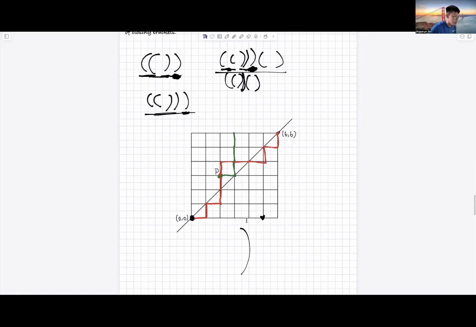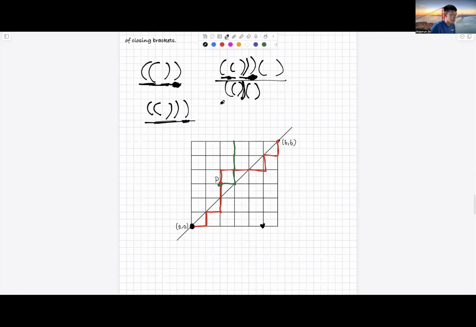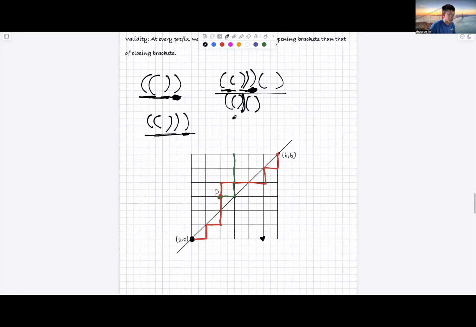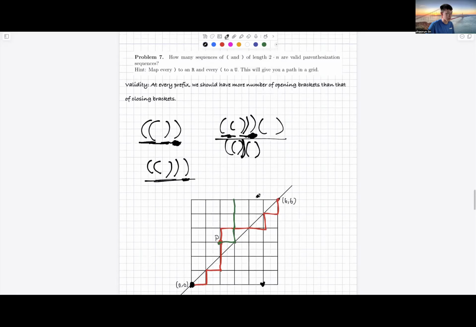If you map every closing bracket to a right and every opening bracket to an up, it corresponds to the number of paths that don't cross the y equals x line.